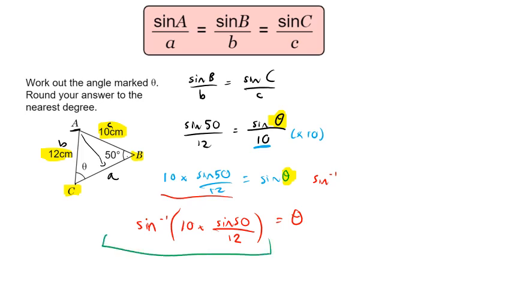When I do that, shift, sin, 10 times fraction button, sin 50, close brackets, over 12, close the big bracket, I get this. And then remembering we want my answer to the nearest degree as before, so 39.6 rounds up to 40 degrees, and that is the final answer.